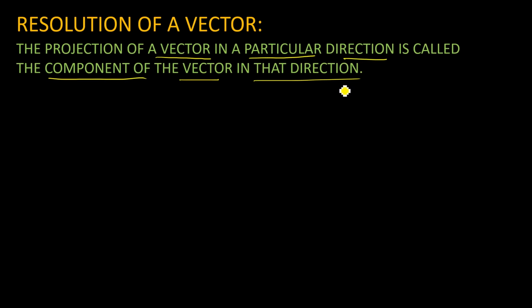Suppose I am taking a vector, A bar. The angle between this vector and the x-axis is theta. If you project it like this, this component is called Ax.